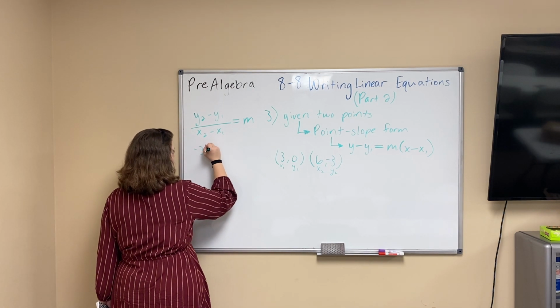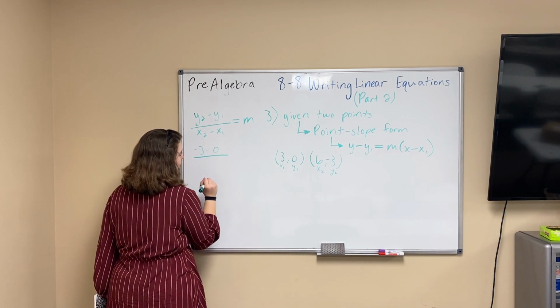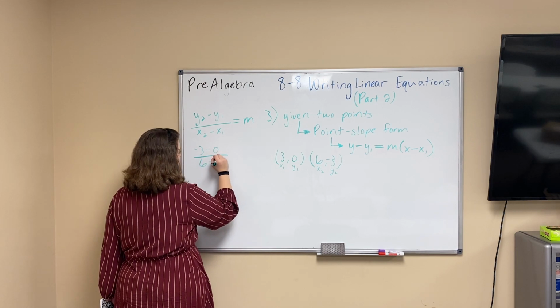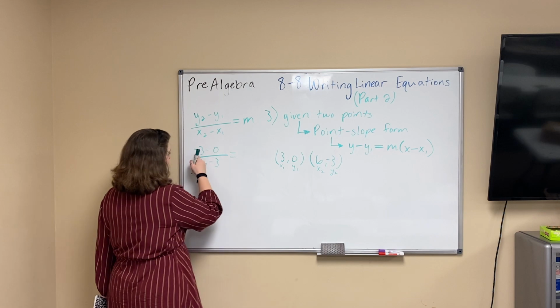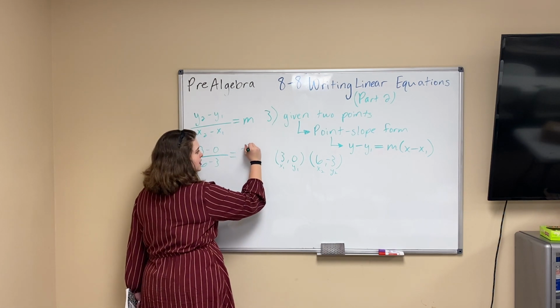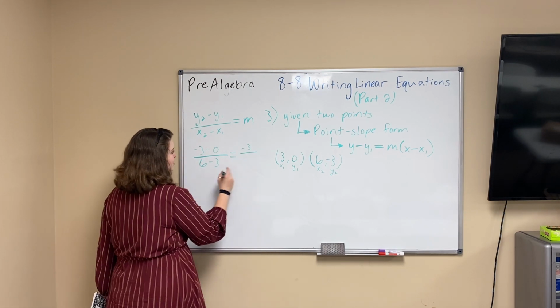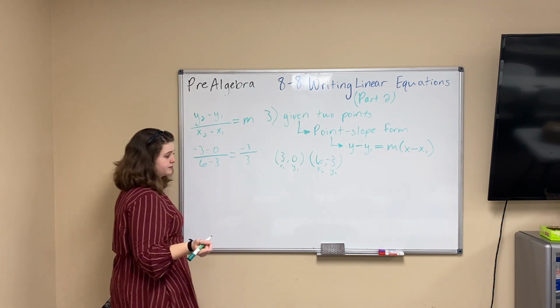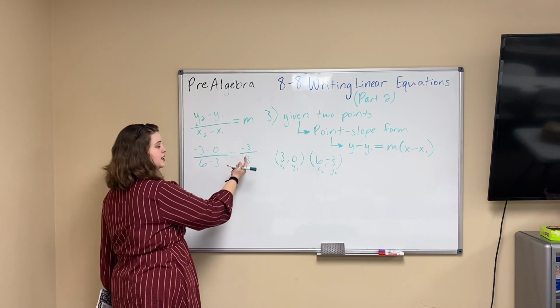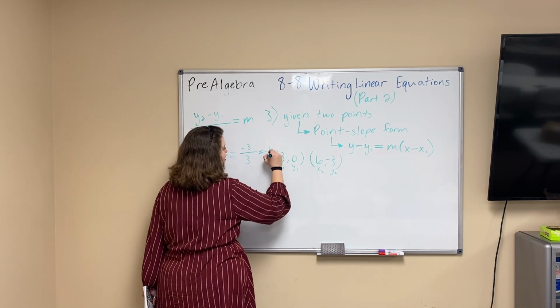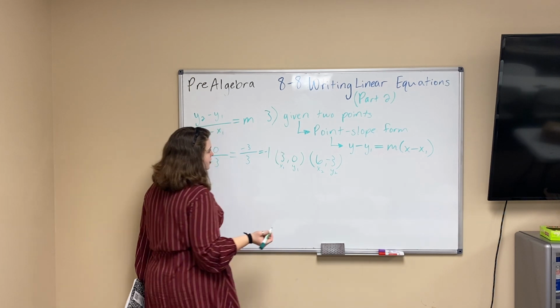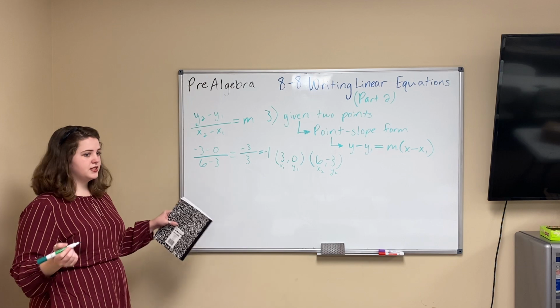Negative 3 minus 0 over 6 minus 3. That's going to equal negative 3 minus 0 is just still going to be negative 3. 6 minus 3 is going to be positive 3. Negative 3 divided by positive 3 is going to be negative 1. All right, so our slope is negative 1.